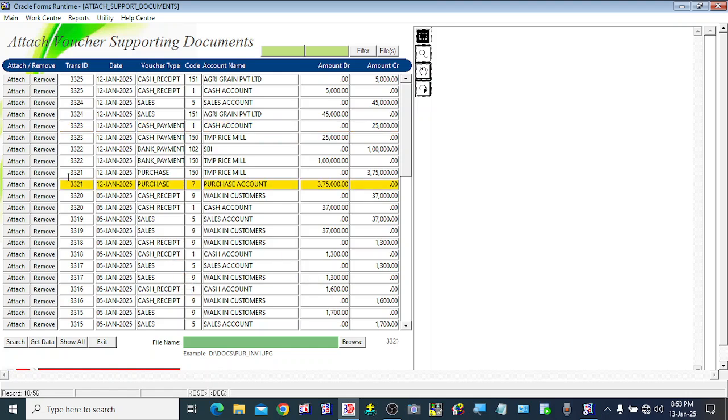Here, for example, the transaction ID 3321. The transaction is we have purchased goods from TMP rice mill. And if I want to attach the invoice copy of this transaction, by placing the cursor on a specific purchase entry and clicking here at the bottom side, we can see one button called browse.